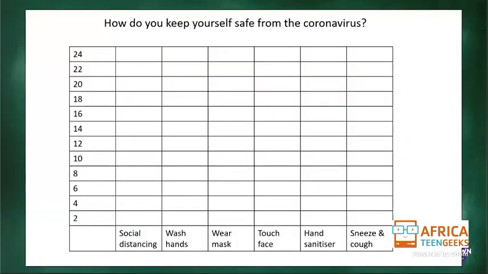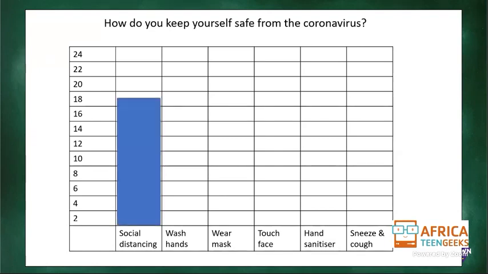So down the left-hand side, I've worked out that if all 6 people had to use a 4, you'd get 24. So I've made it go to 24 down the left-hand side. And then I've put the questions down the bottom. And then I'm recording the results. So for the social distancing, it was 17. For washing the hands, it came to 12.